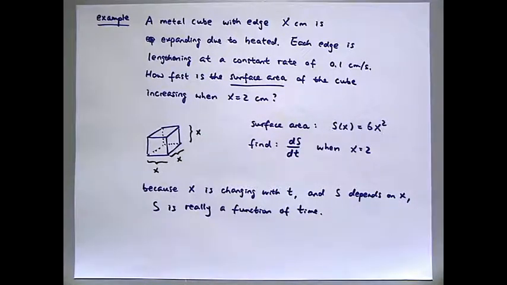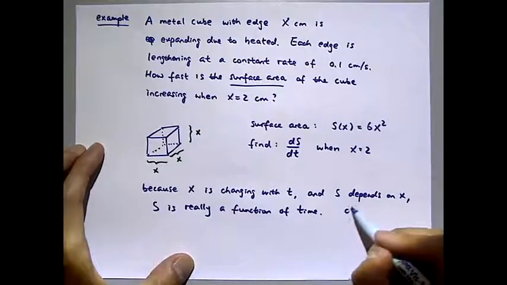So S depends on x, the length of each side, and that in turn depends on time. We have change in time triggering a change in x, which in turn triggers a change in the surface area. It sounds like a chain rule kind of thing. You have something changing, a chain reaction happens, and it propagates down. It's precisely a chain rule situation.